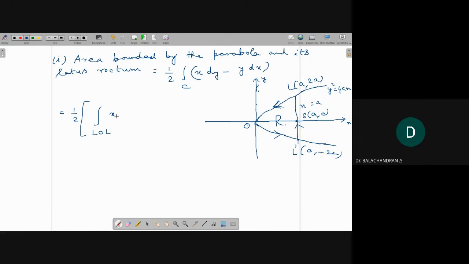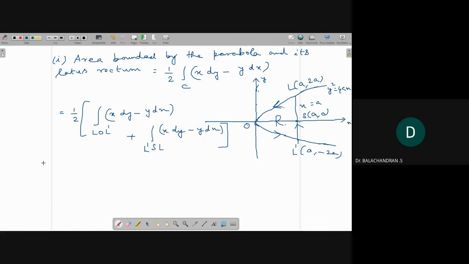The integrand is x dy minus y dx, plus L dash S L along this straight line, x dy minus y dx. This 1 by 2 is common for both the integrals.